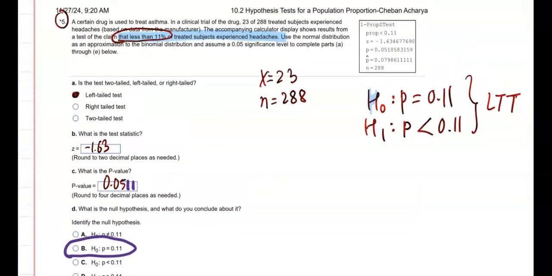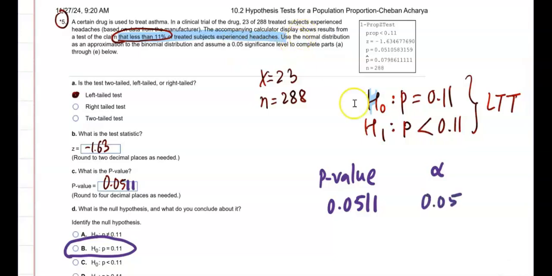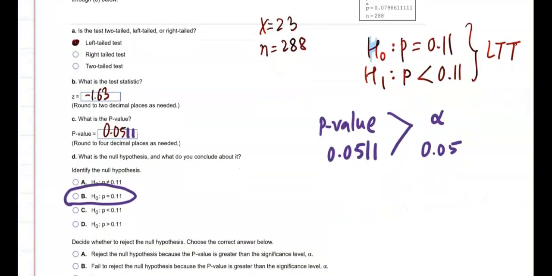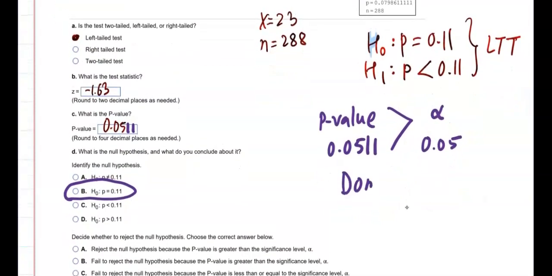Let's see, the p-value is 0.0511. What's the alpha? The alpha is given as the level of significance, 0.05. Which is greater? Obviously the p-value is greater than alpha, so you do not reject.